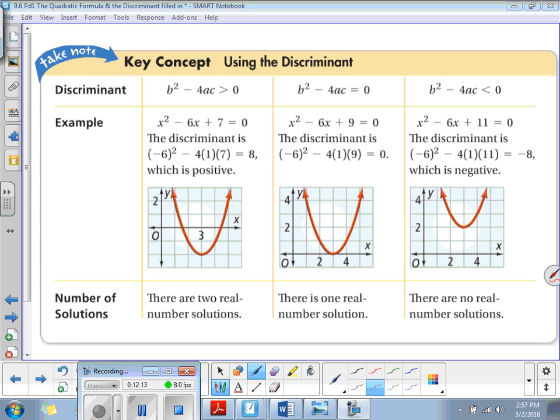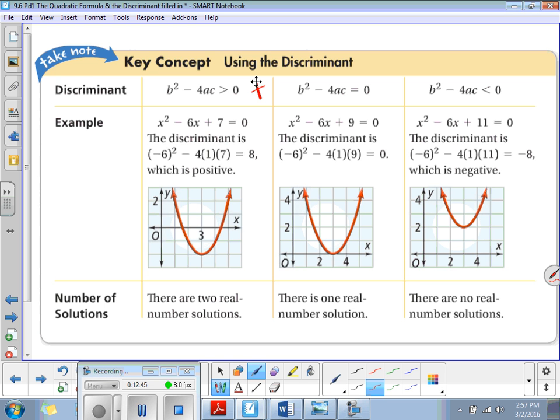The discriminant is everything under the square root. Okay? The discriminant is the b squared minus 4ac. The discriminant tells you how many solutions you're going to have. Okay? If the discriminant is greater than 0, or in other words, if it is positive, then you have 2 real number solutions.